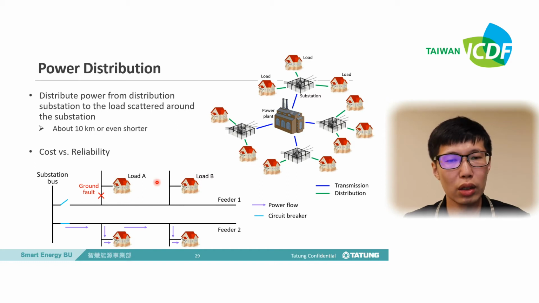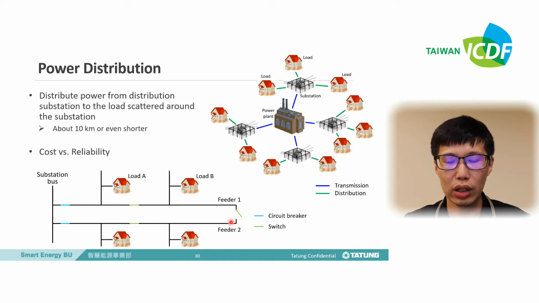Yes, we can. In this case, if we add 3 switches here, here, and here, then we can increase the reliability. The 2 switches here are closed in the normal case, and the switch here is open in the normal case.